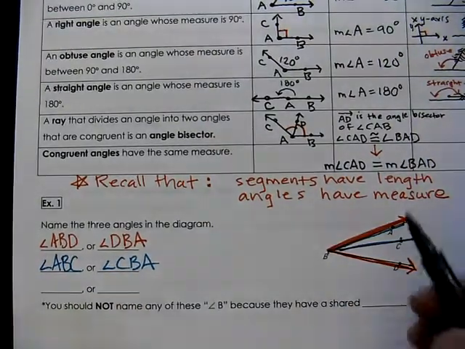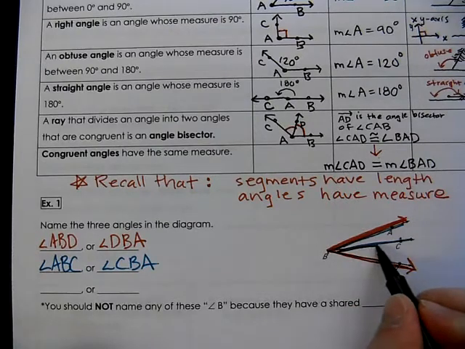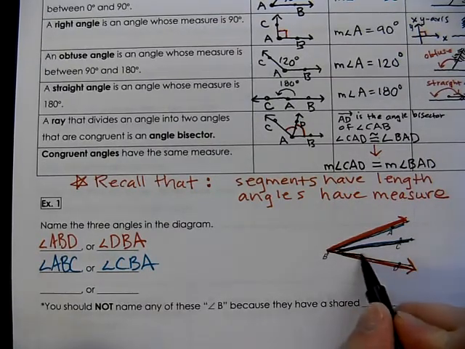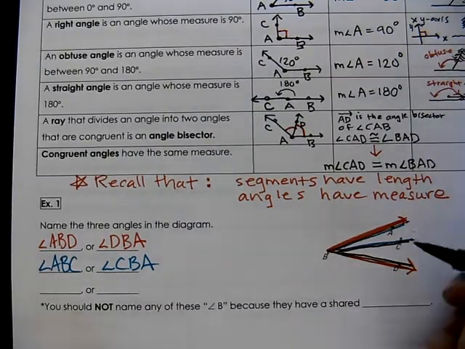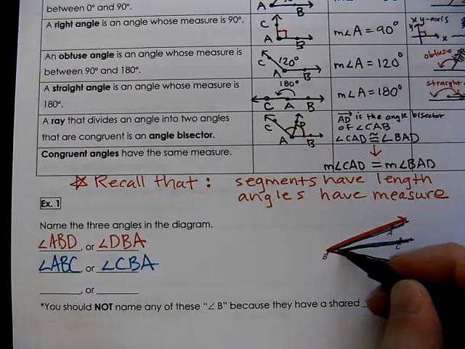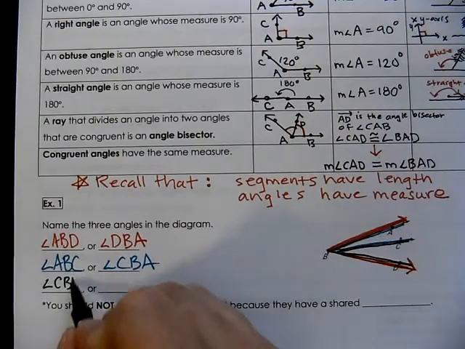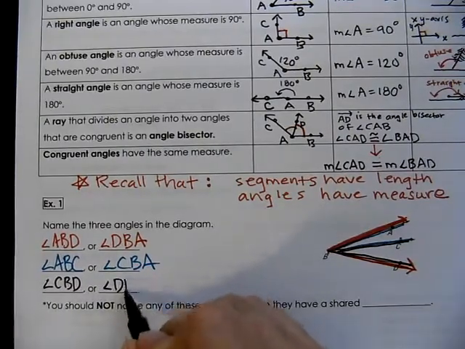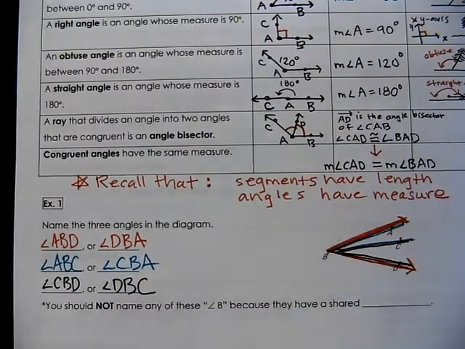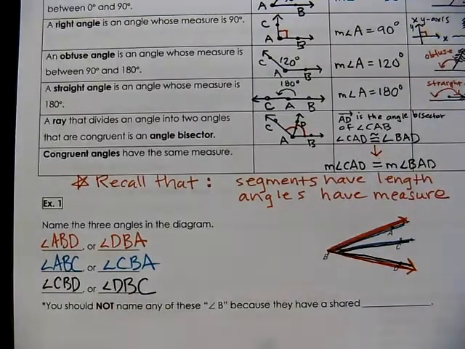And then the third angle is on the bottom half, if you think of that as the bottom half. There's the third angle. So this is angle CBD, or backwards, angle DBC. That's how we would name them with their letters.